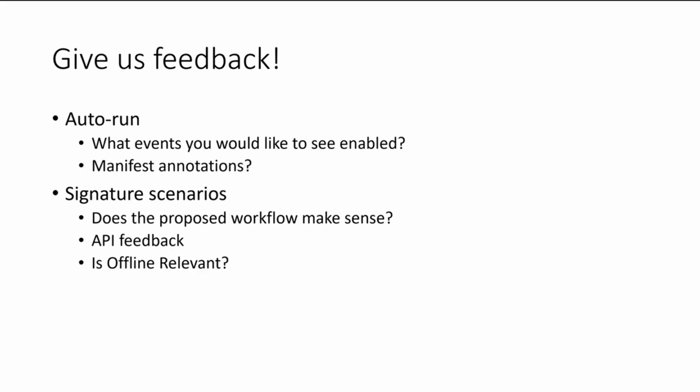So it's great that there's curiosity about it. I have a set of questions that I would love to hear from you. The first one is around Autorun. I shared with you that we are planning to support right now 4 events, which are basically new mail, new appointment, and then adding attachments to mail and appointment.